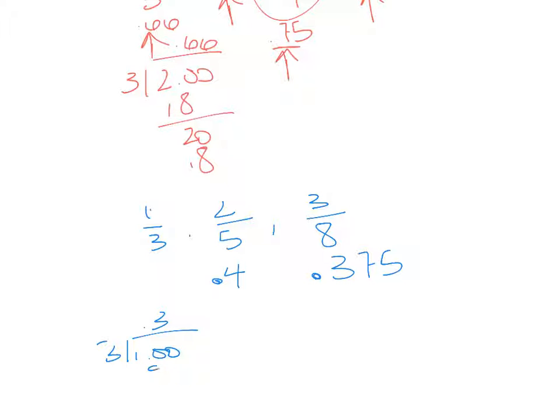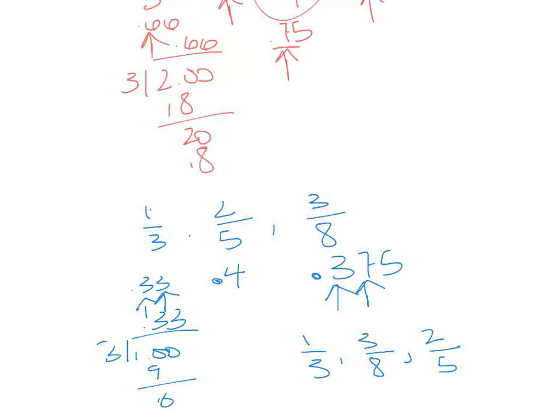We get 9. And it keeps going that way. So we have 0.33 and it keeps repeating. So in the tenths spot for lowest, these two tie, so we go to the hundredths spot. 3/8 is a bigger one, so it's 1/3, 3/8, and 2/5. Okay, so if you got through that, awesome.